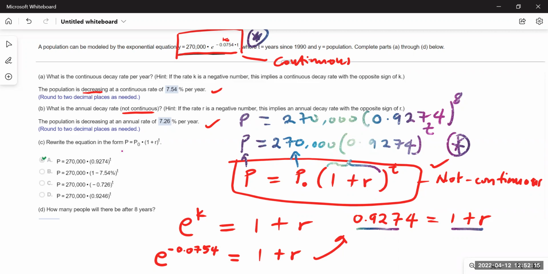That should give you 147,741, because it says we should round to the nearest whole number. And that should be your answer for the D part. So that's basically how you go through this question. Let me know if you have questions. All right, thank you.